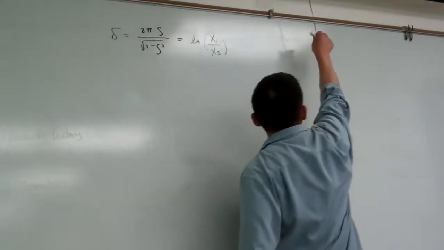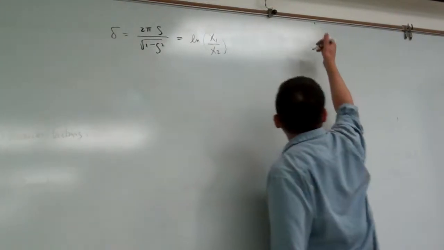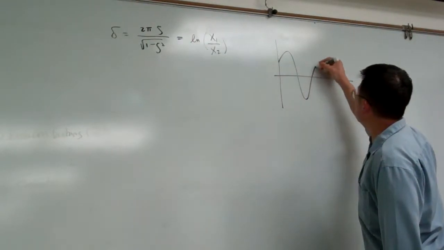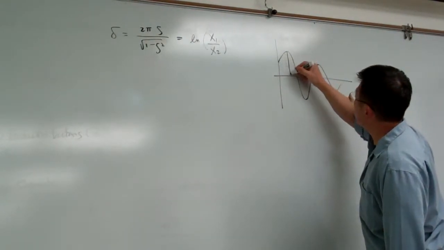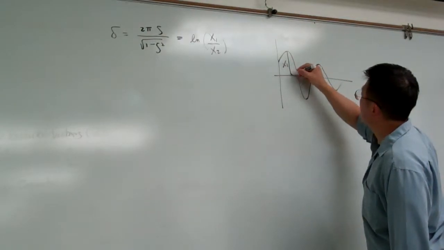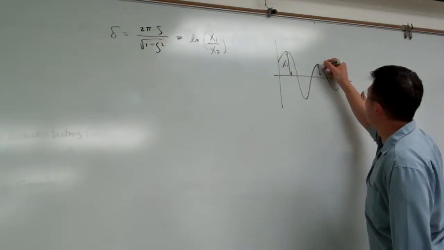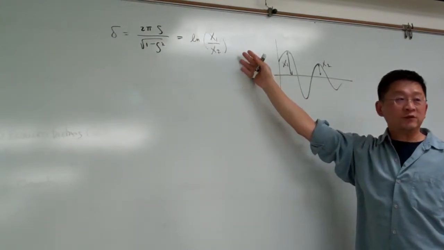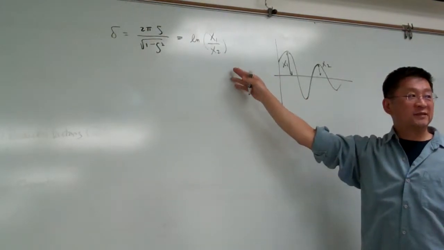So x1, x2, from last time, if we have vibrations, this is x1 and this is x2. So it represents the ratio of the amplitudes one period apart. That's the meaning of this.